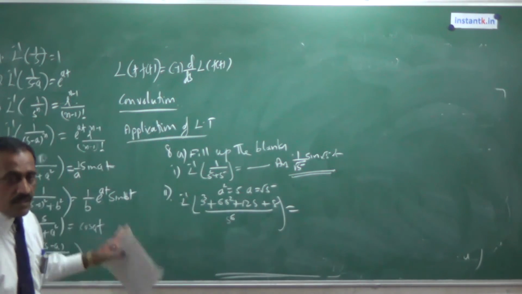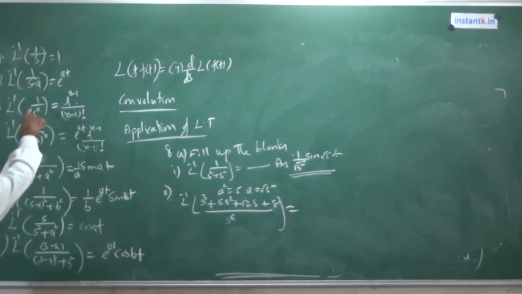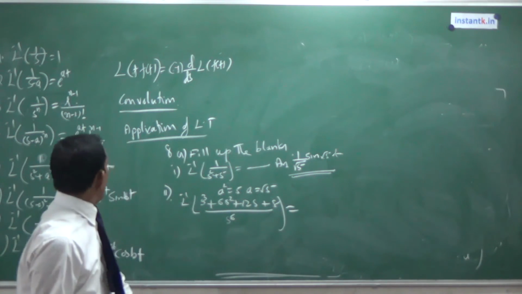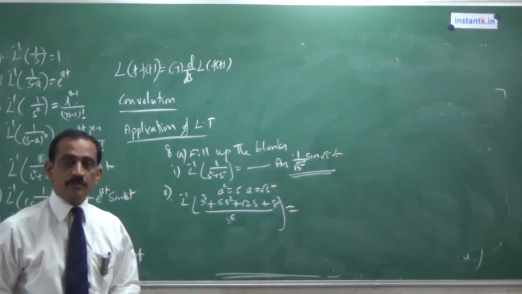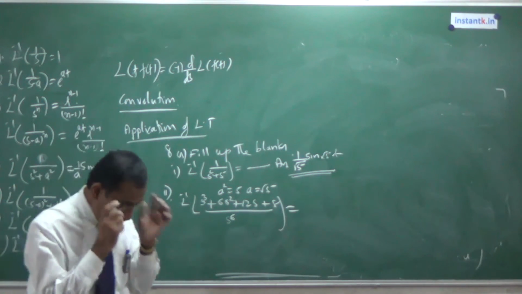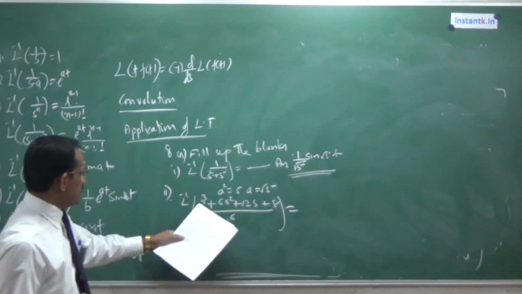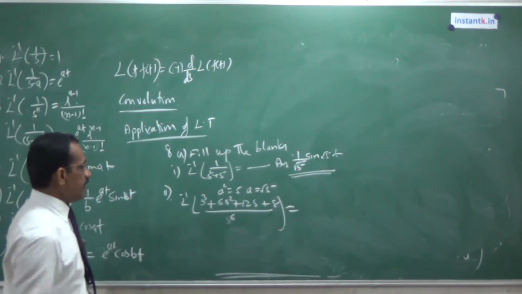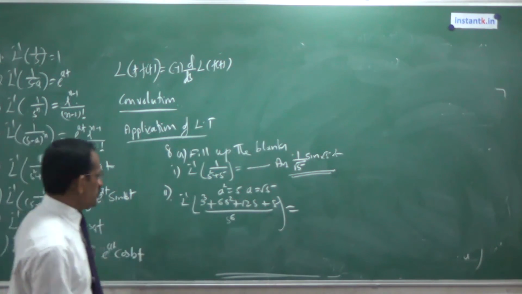If it is 1 over s power n, you can immediately write it as t to the power n minus 1 divided by factorial n minus 1. So here, you change this to the standard form.